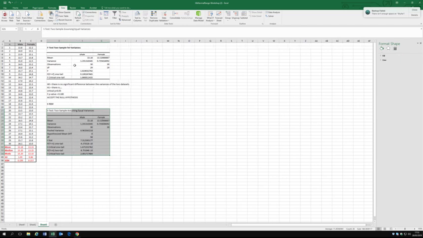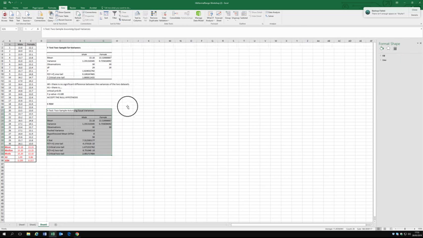So one of the things that is different to the F-test when we're thinking about a t-test for looking at significance of difference, we always use the two-tailed significance value. So always this one in terms of identifying the p-value.